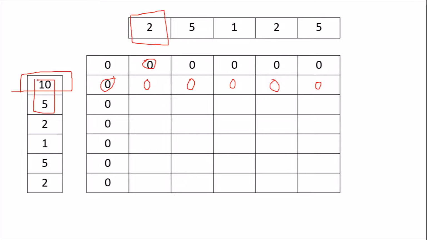Now we have 10 and 5, and here we have 2, so again there is no subsequence, so here will be 0.